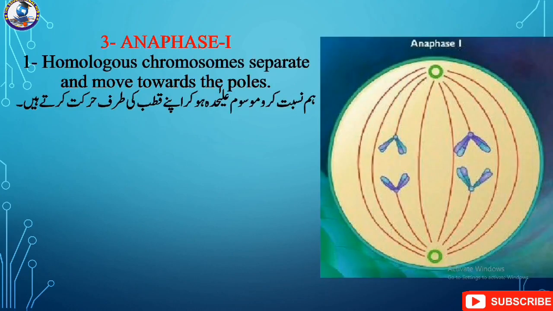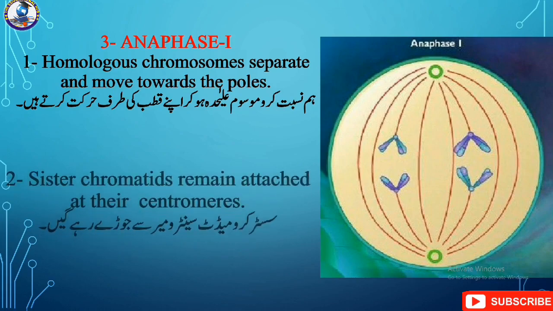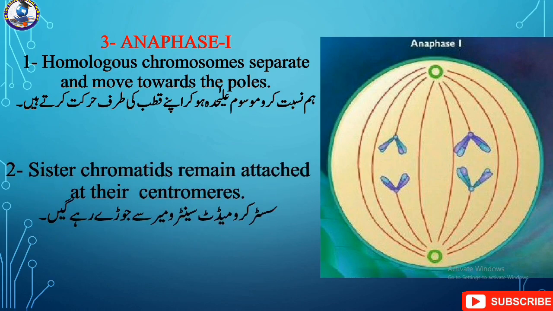The third phase of division 1 is anaphase. In anaphase 1, homologous chromosomes separate and move towards their respective poles, to which they are attached through spindle fibers. Sister chromatids remain attached at their centromeres.